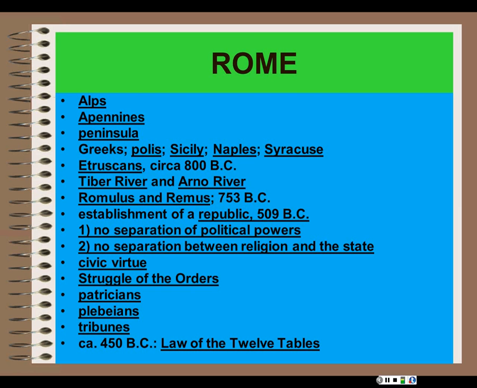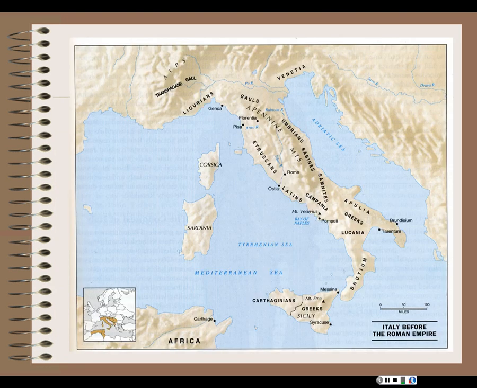The polis of Greek history was really a city-state, and how the Greeks had settled in places like Sicily and Naples in Syracuse. And then along about 800 BC, the Etruscans moved into Italy, into central Italy. We can see that as demonstrated right here, not far from the Tiber River. We're also going to be talking about the Arno River, the Po River, etc.